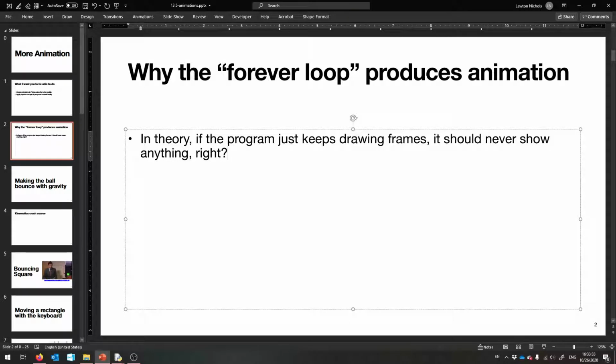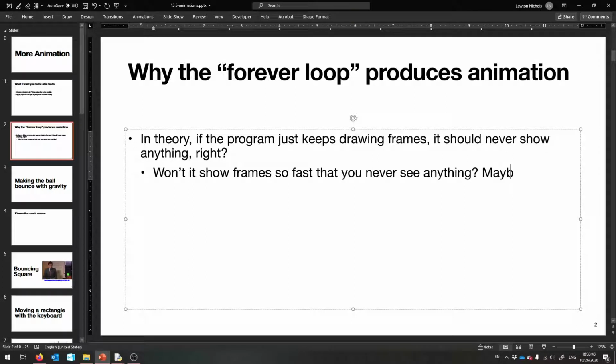It'll show frames so fast that you'll never see anything. Maybe it's always redrawing.